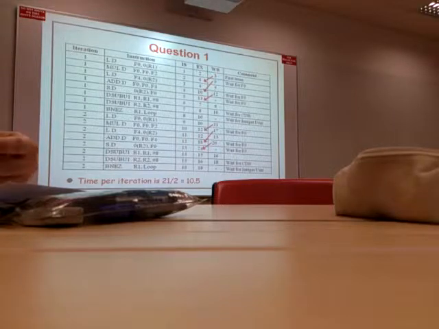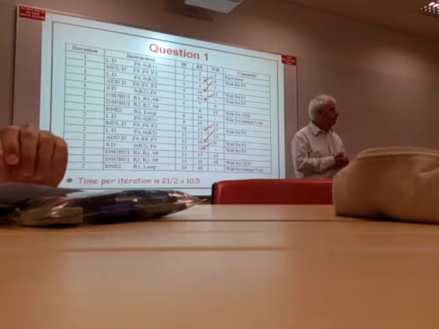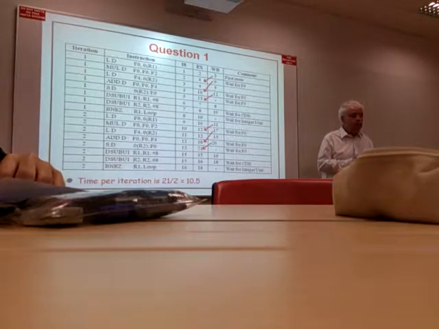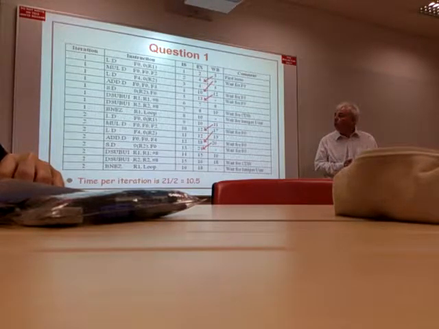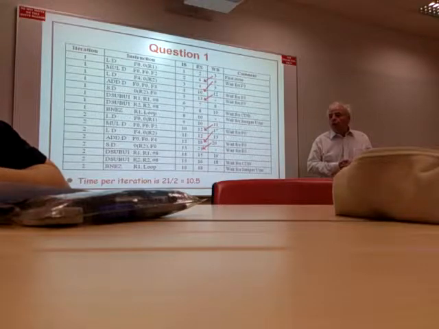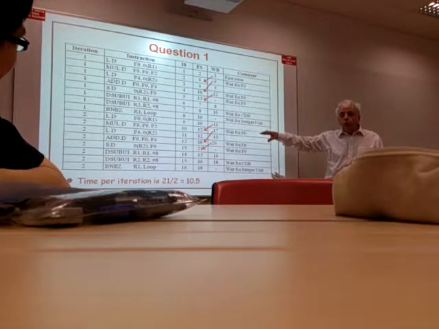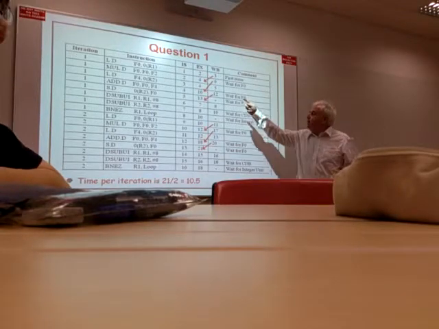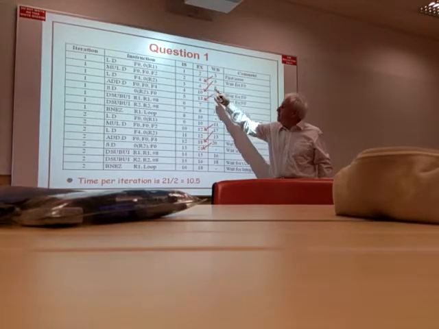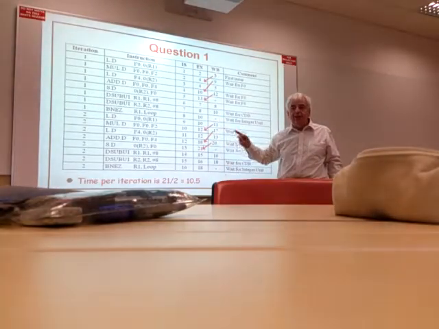Any questions on this example? Two iterations. In the exam, to fill in this sort of table, you need to take into account the data dependencies, because the data dependencies will cause an instruction to wait.